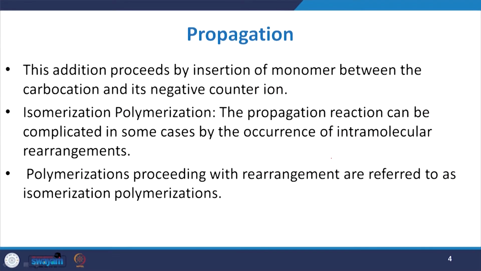If we talk about this particular addition process, usually it is by the insertion of monomer between the carbocation and its negative counter ion, as discussed in the previous reaction. Now, sometimes isomerization polymerization needs to be addressed.